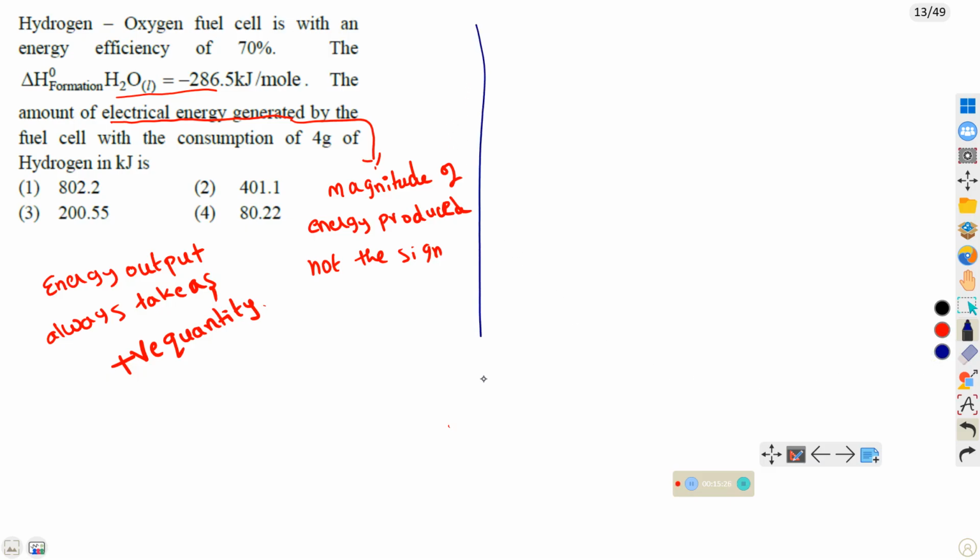Now the formula: electrical energy, fuel cell efficiency.